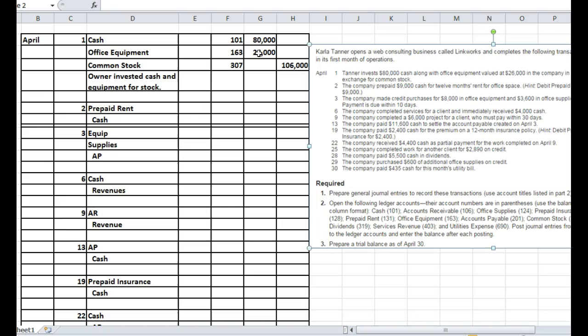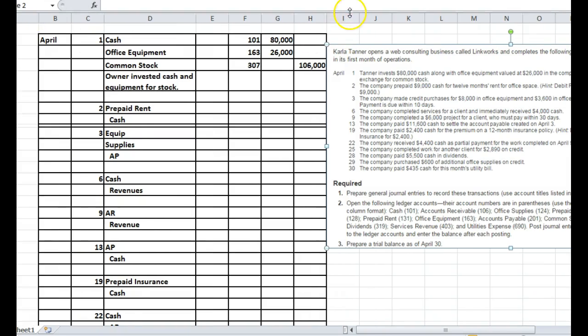Now, if you think about the accounting equation, you have common stock on the right-hand side of the equation, and it has a credit balance. So you have a balanced transaction here. Let's make that smaller so I can get more in here.